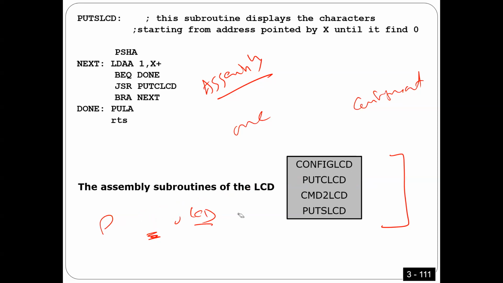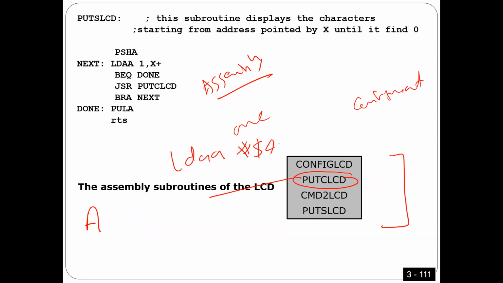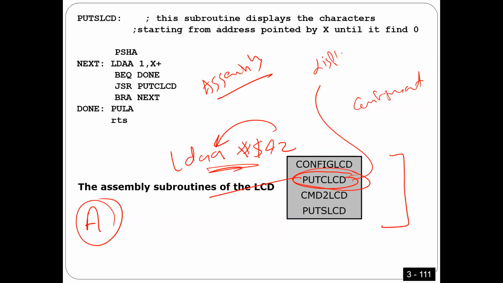Before you call it, you have to put the ASCII of the character you want to display in register A. For example, if I want to display letter A, before calling this function I say load register A hashtag 42, because 42 is the ASCII of A. Once I do that, I call this function. It takes whatever is in A and displays it. So this one is used to display one character.